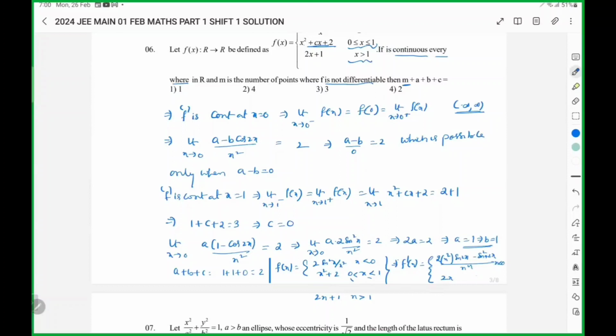Okay, it is 2x, but do remove these boundaries. Here it is 2 for x greater than 1.